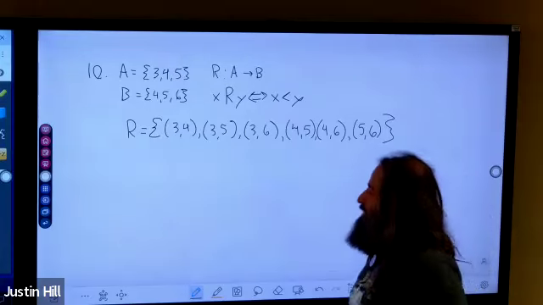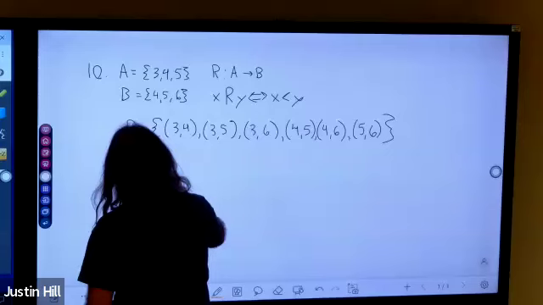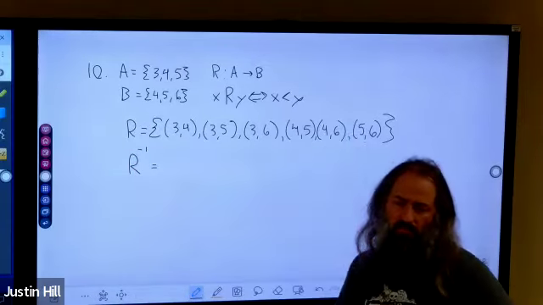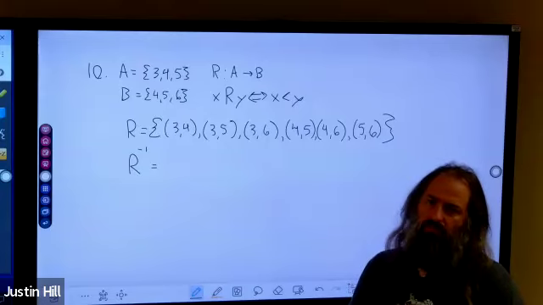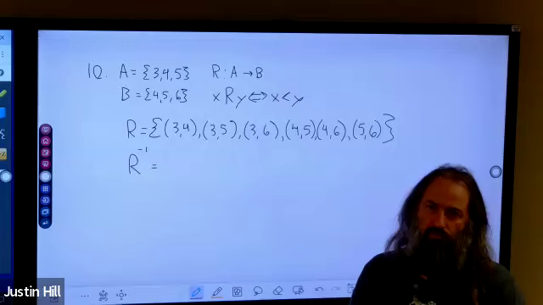Good. And they also asked for R inverse. Same terminology as chapter 7, it's the inverse, so in this case it's the inverse relation, and the inverse just means you switch it around. But the nice thing about relations is we don't have the restrictions we do with functions.